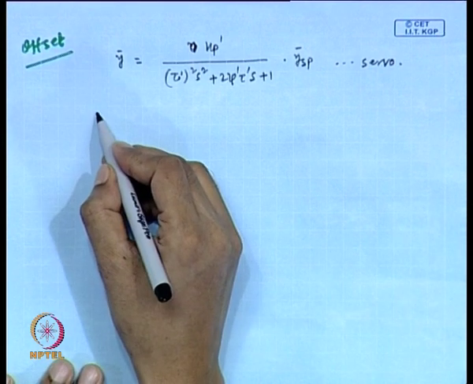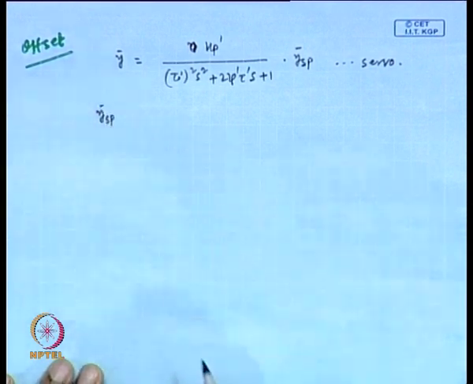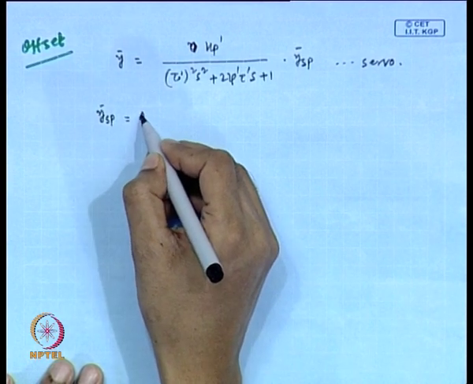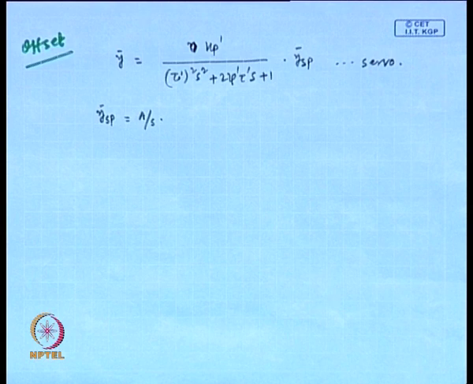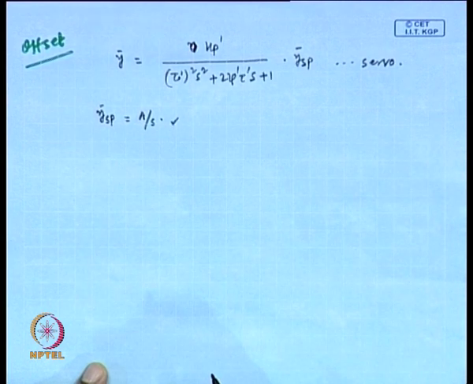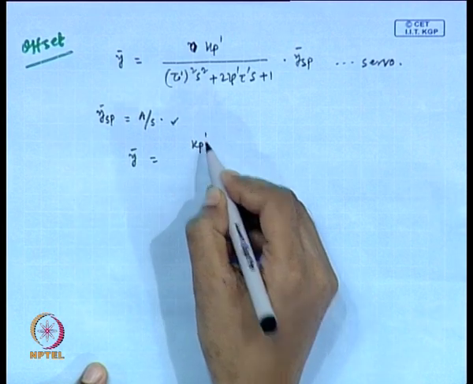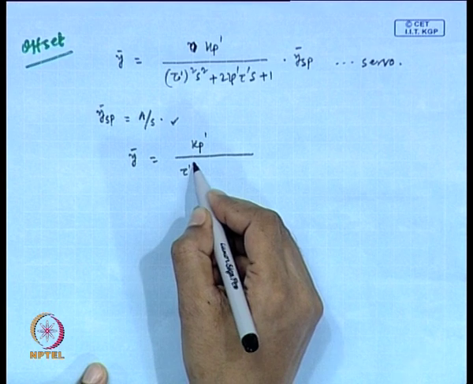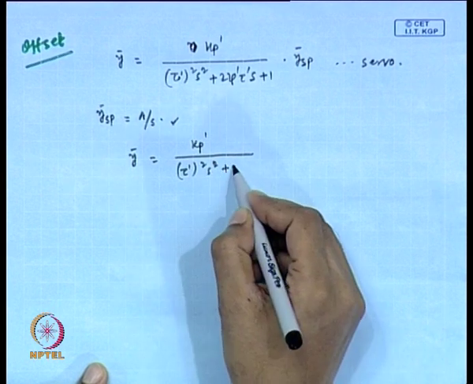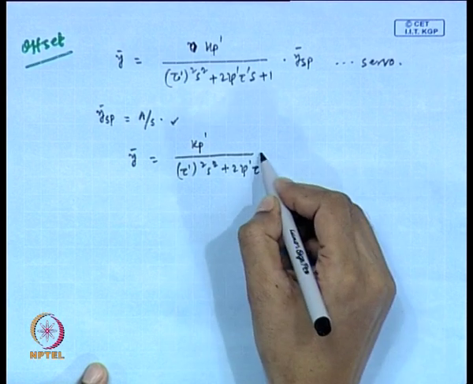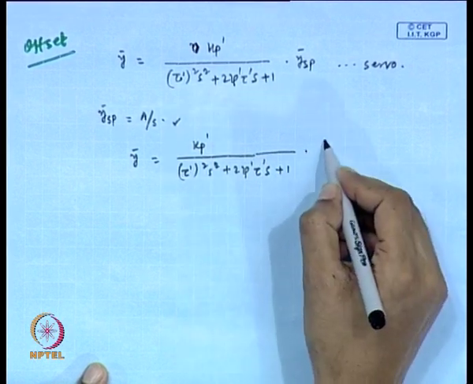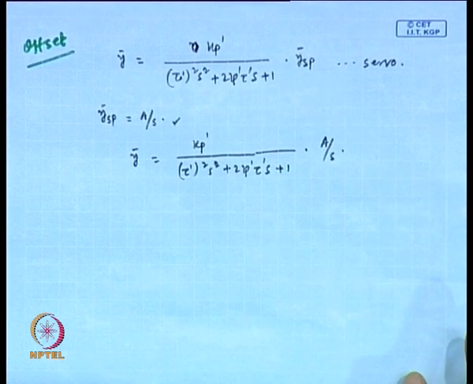Now, we consider a step change in set point with magnitude A, to determine the offset. So, y set point equals A by s, and the closed loop response becomes Kp prime divided by tau prime square s square plus 2 zeta prime tau prime s plus 1, multiplied by A by s.